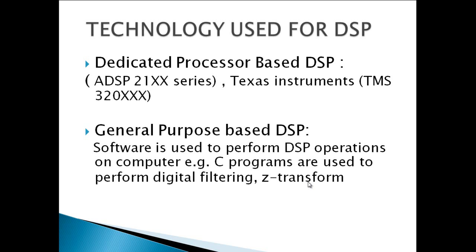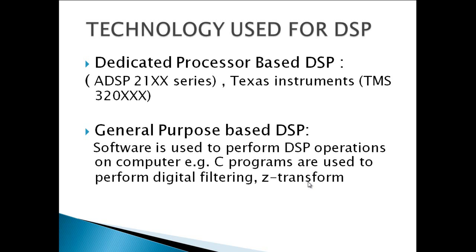Then you have the general purpose based DSP. In this, software is used to perform DSP operations on a computer. Like a C program can be developed for digital filtering, or the Z transform or Fourier transform, FFT, which runs on computers. So the computers are involved. Such systems are flexible and easily upgradable.